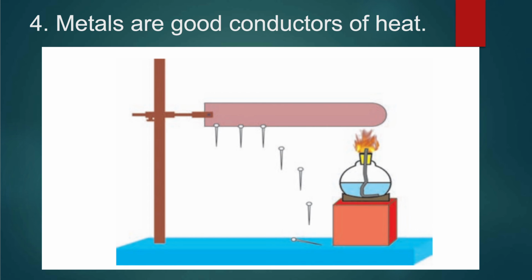The heat supplied to the iron rod makes the wax melt at this particular end, and the wax melts first, and hence the pin which falls first is the one nearest to the spirit lamp. So this activity shows that heat moves from one end of the iron rod to the other end. This property of a material is known as conductivity of heat, and all metals conduct heat. They are good conductors of heat.